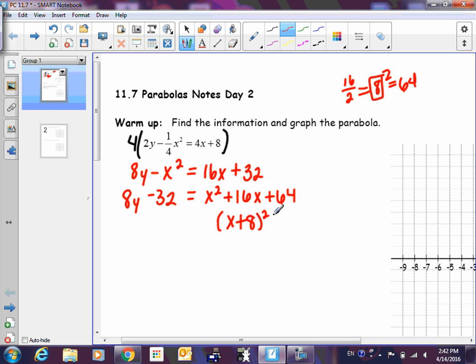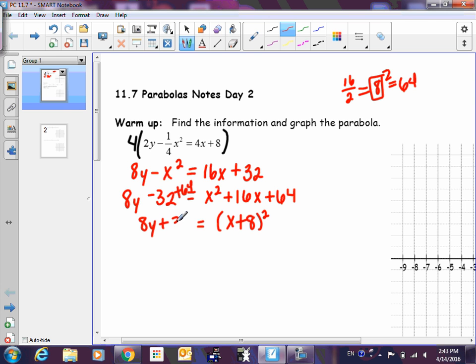But if you add a 64 to the right, what do you have to do to the left? You have to add a 64, so I'll squeeze it right in there. Okay, so I already have 8y. What's negative 32 plus 64? Or maybe that's easier to think of, what is 64 minus 32? 32, positive, right? So plus 32.